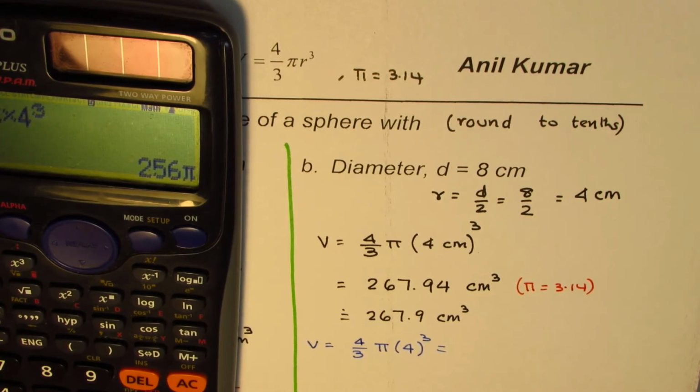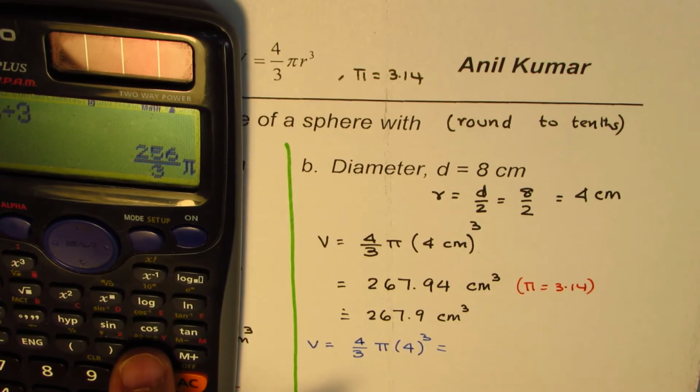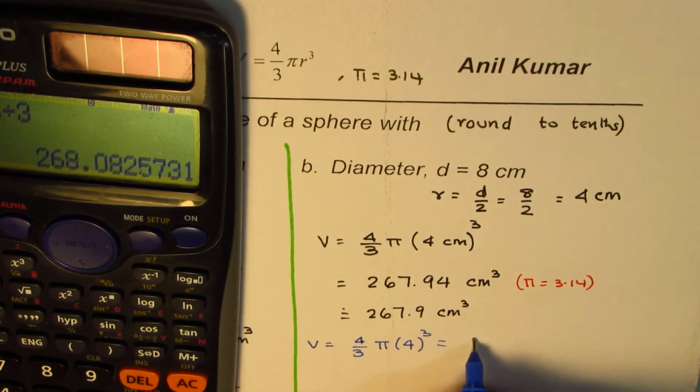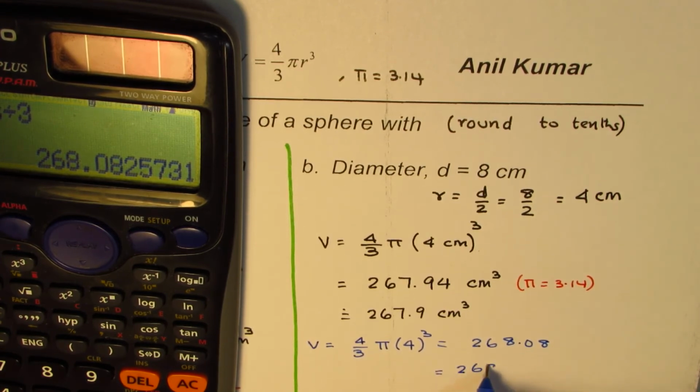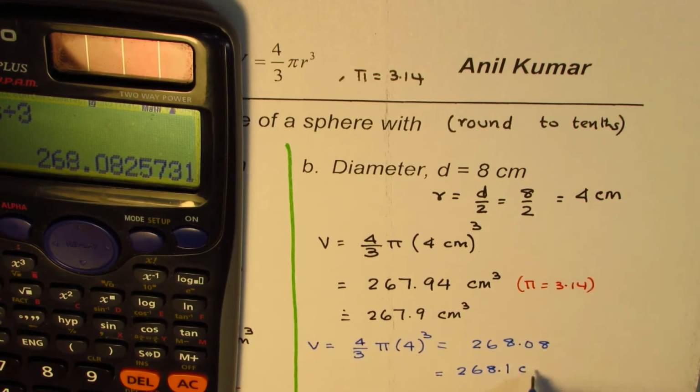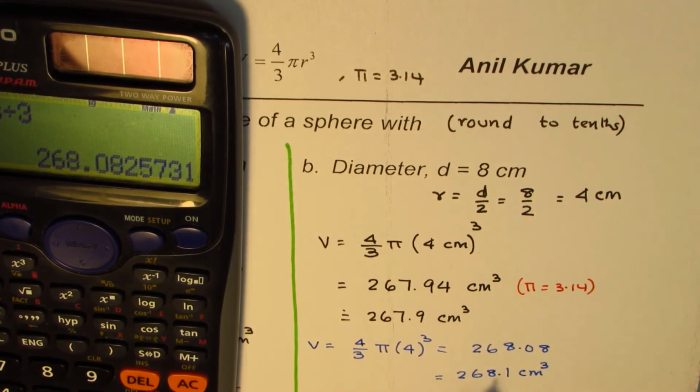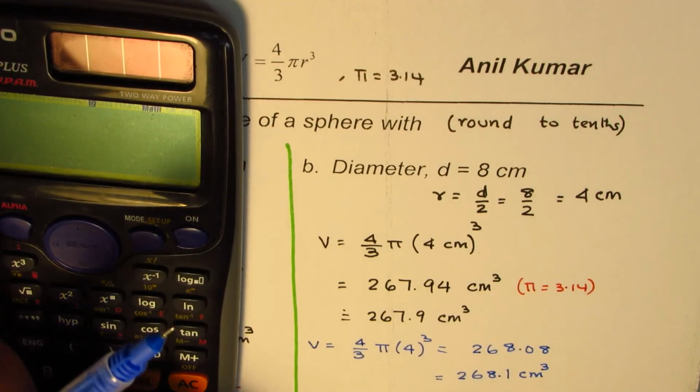So this gives you that answer, divided by 3 equals, in decimals, we get 268.08. Do you see that? So we get a slightly higher value, right? So this could be approximated to 268.1 centimeter cube, right?